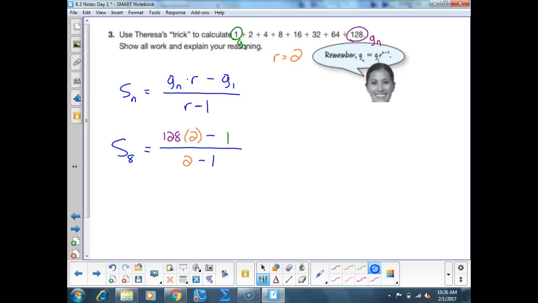And there's 8 of those terms. 128 times 2 is 256. 256 minus 1 divided by 2 minus 1 is 255 divided by 1. So the sum here is 255.